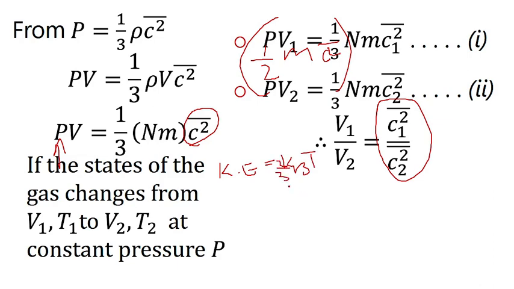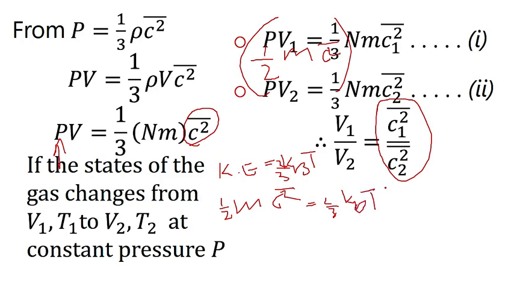So we discover that a half m c squared bar is equal to 3 over 2 kBT.